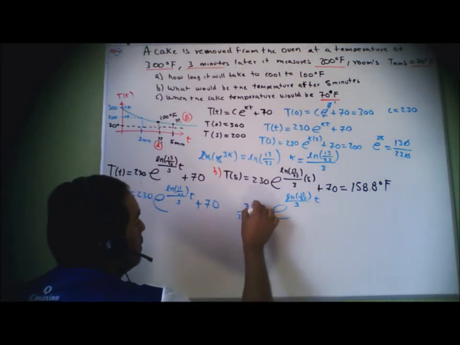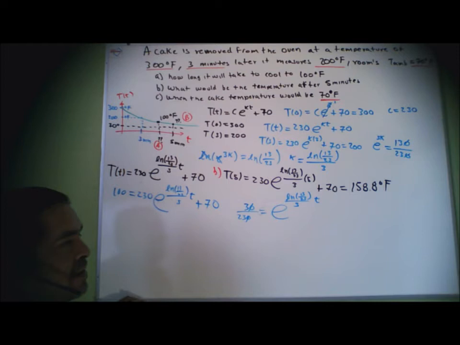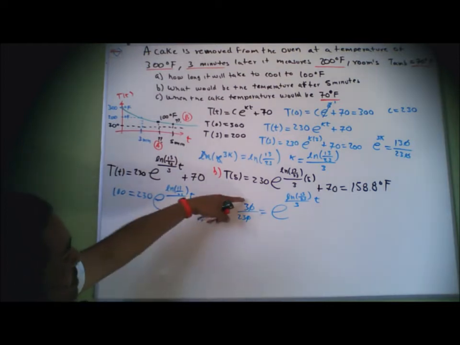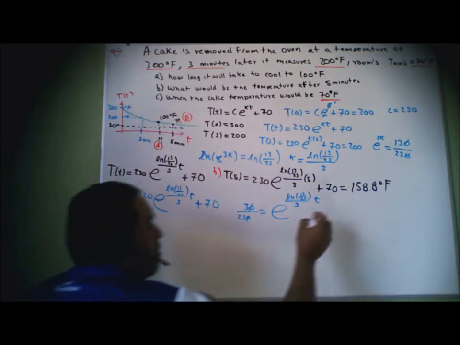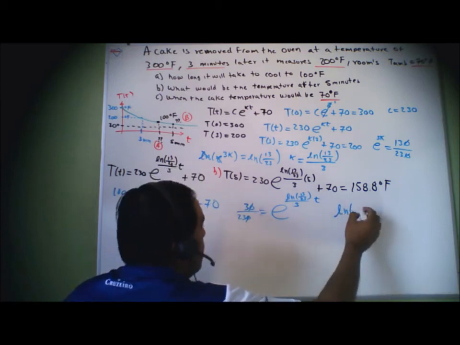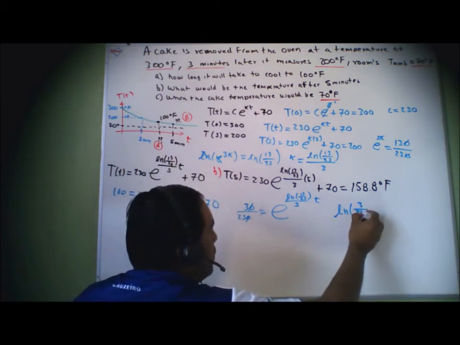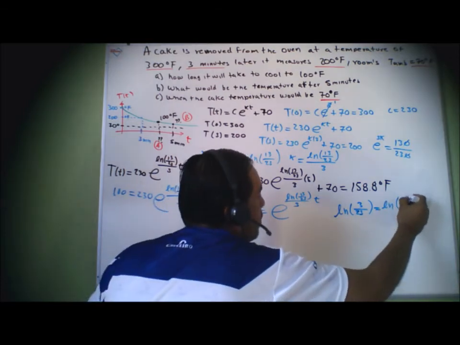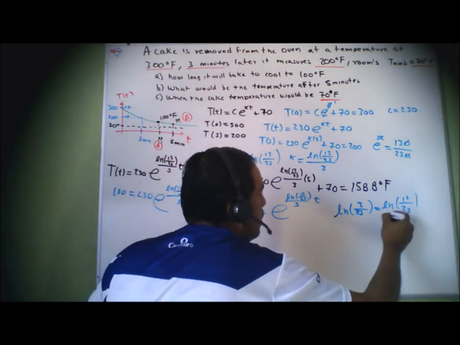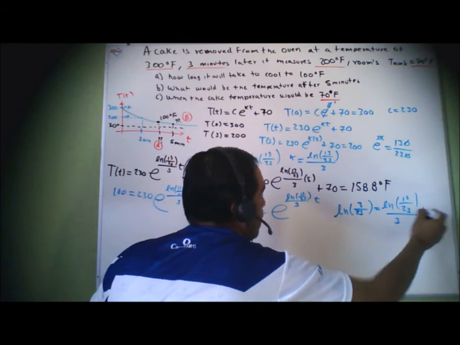We can cancel a 0. 3 over 23 we cannot reduce, so don't cancel the 3, by the way. Then let's apply the natural log on both sides: the natural log of 3 over 23 equals the natural log of 13 over 23 divided by 3, times the time.